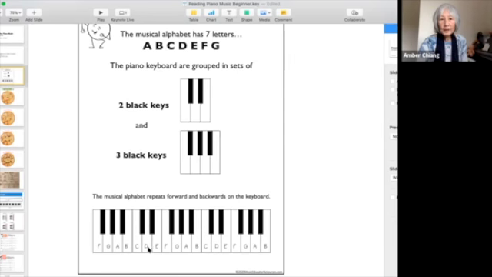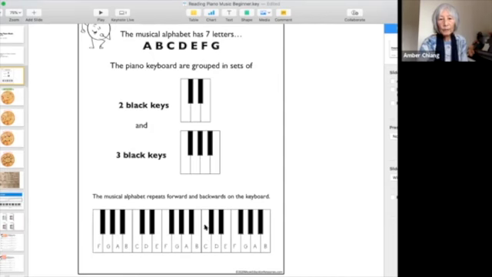So we have C, D, E, F, G. Now we're going to go to A, B, C. So you can see here the 2 black keys and the white key C to the left.